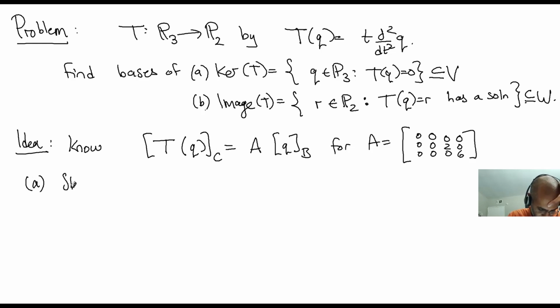Right? So let's solve problem one. Step one is to observe that, when is a vector in the kernel of T?